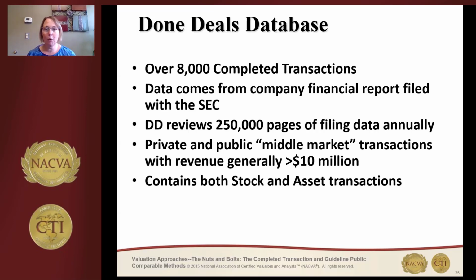Private and public middle market transactions, revenues generally over 10 million. And they contain both stock and asset transactions. So again, we have to separate out whether it's a stock transaction or an asset transaction to be able to compare to our company and make sure we're understanding the numbers and where they're coming from.